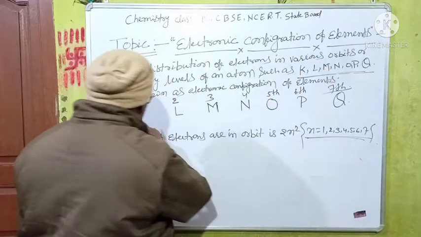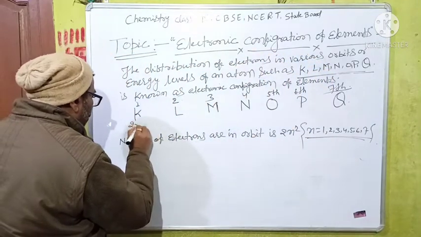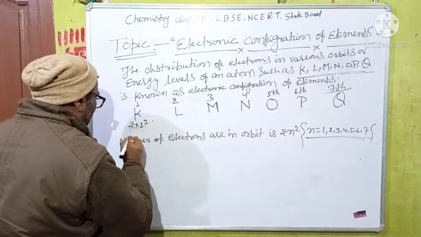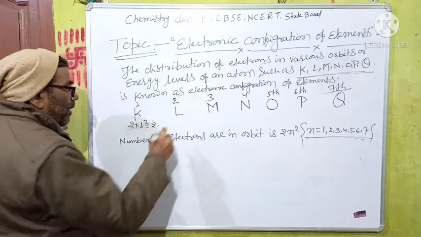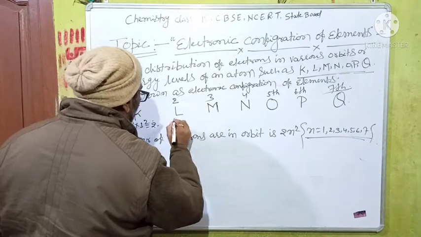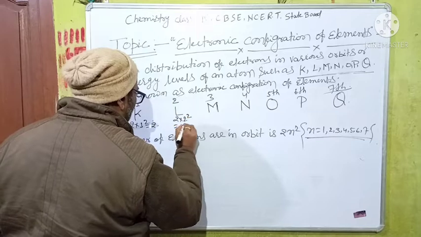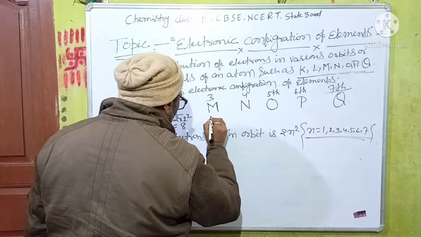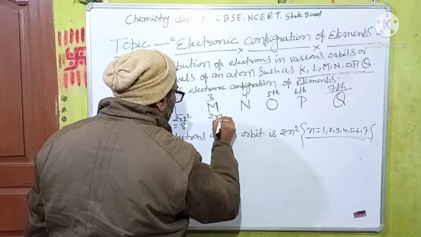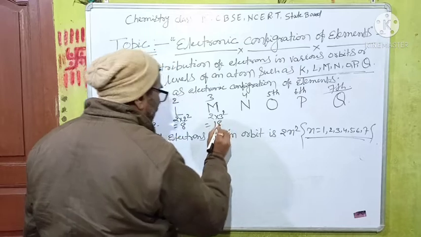So in the first orbit K, the number of electrons is 2 into 1 squared, equal to 2. In L it is 2 into 2 squared, equal to 8. In the M orbit, 2 into 3 squared is equal to 18.